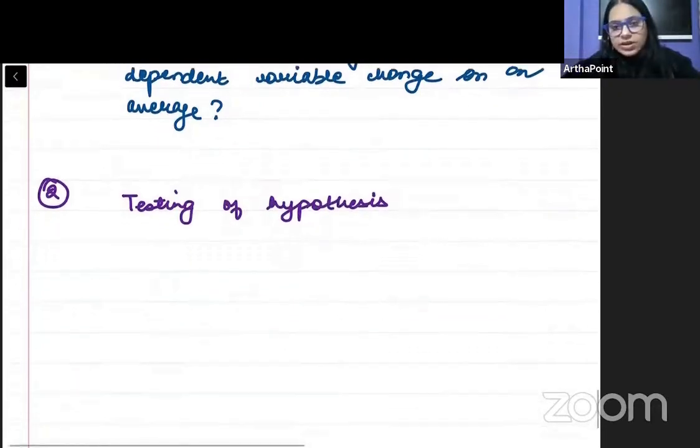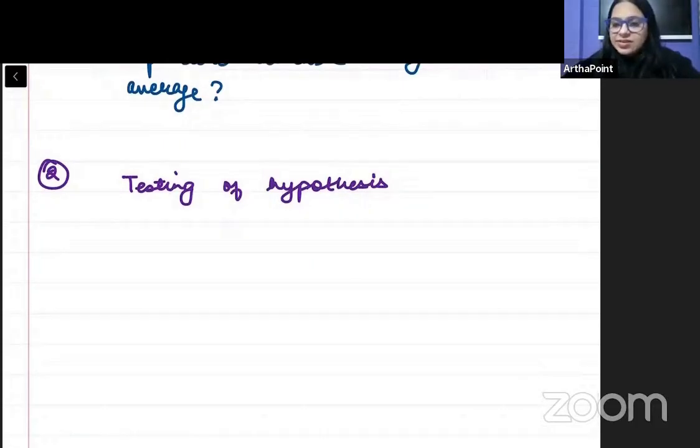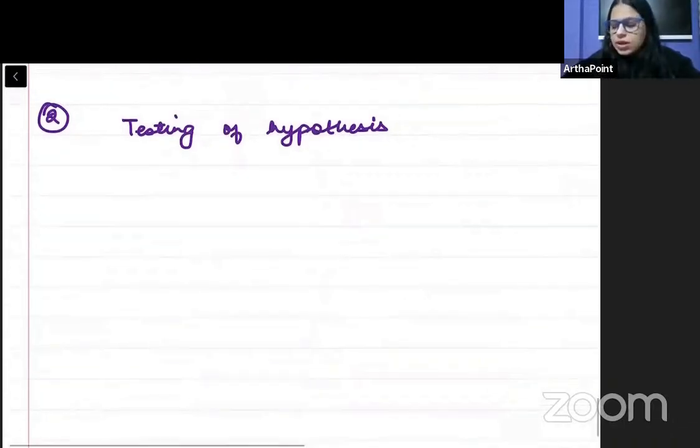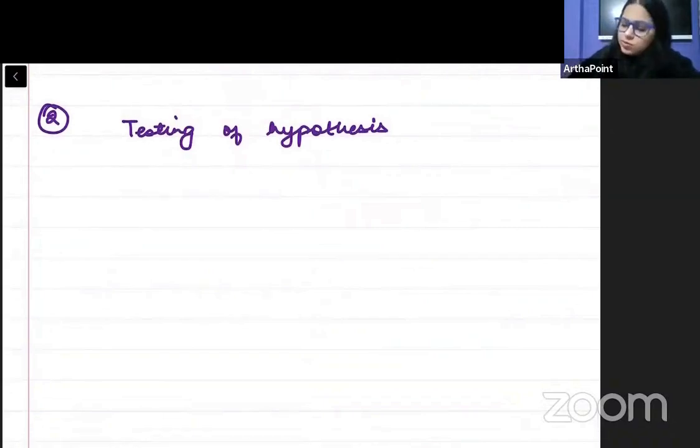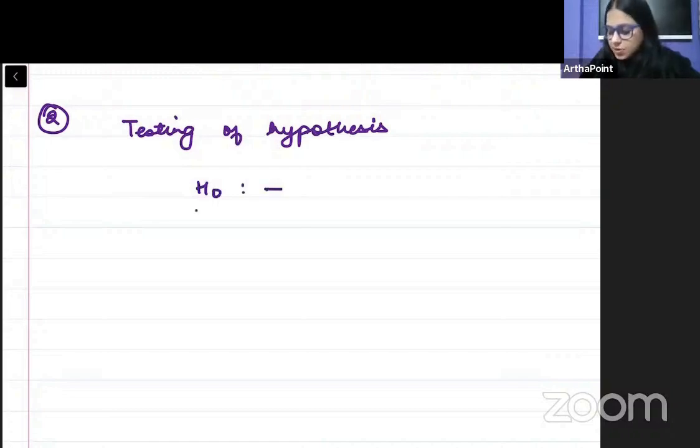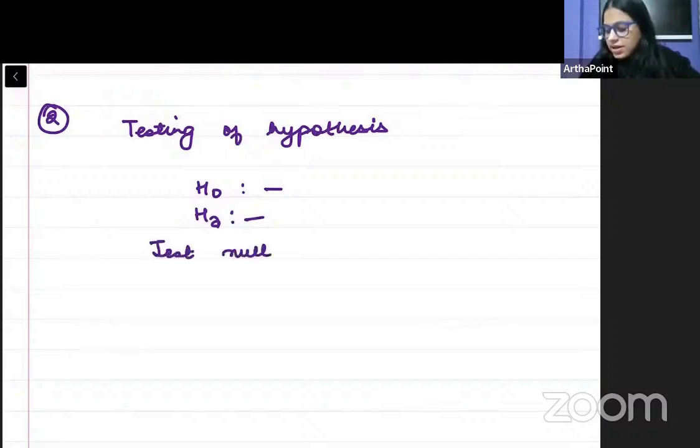All of you have gone ahead and done hypothesis testing in detail. What is hypothesis testing doing? In hypothesis testing, what do we do? We set up a null hypothesis. We set up an alternative hypothesis. We test null against alternative hypothesis.